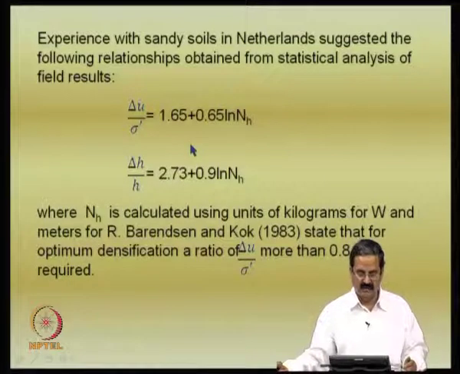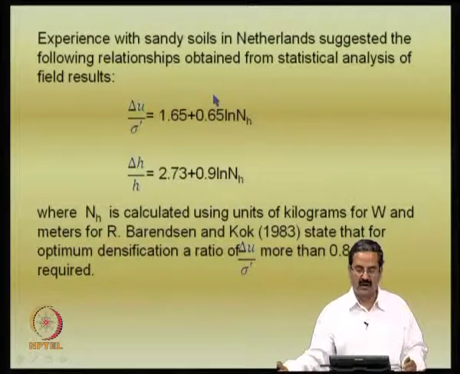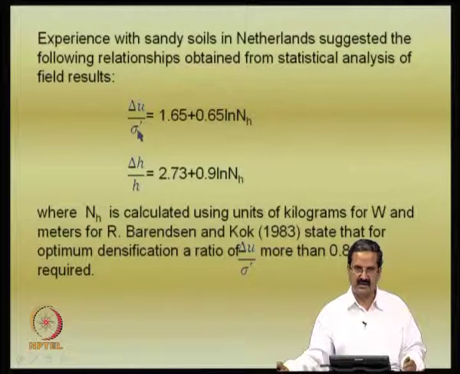Some expressions were developed in the Netherlands which relate the pore pressure increase, as a function of in situ effective stress, in this form: 1.65 plus 0.65 natural logarithm of NH, where NH is as just described and W is the weight.